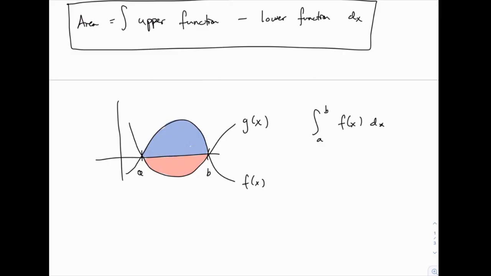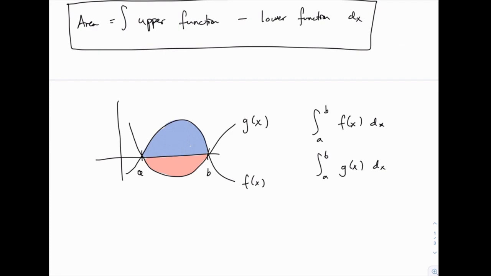The area underneath the x-axis, the area shaded in red there, will be related to the integral of g of x. But if you think about it, when you calculate the integral of g of x, is the answer going to be positive or negative? Since that area is below the x-axis, it's going to be negative.